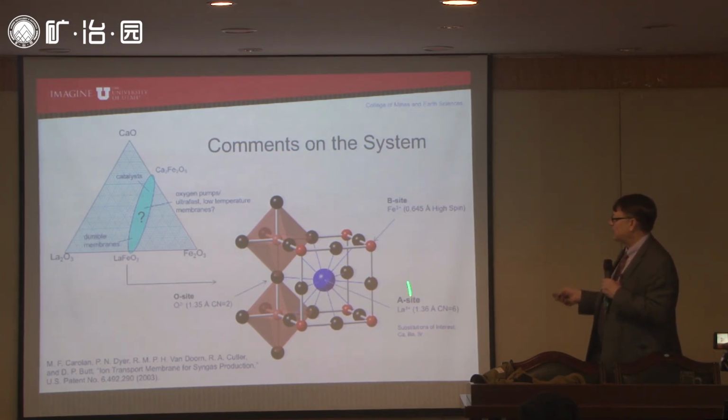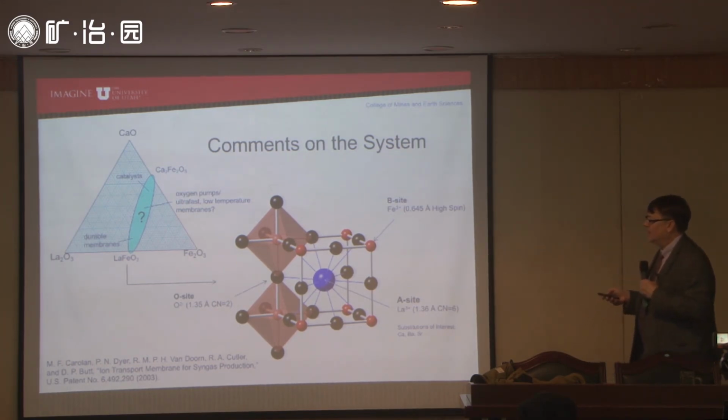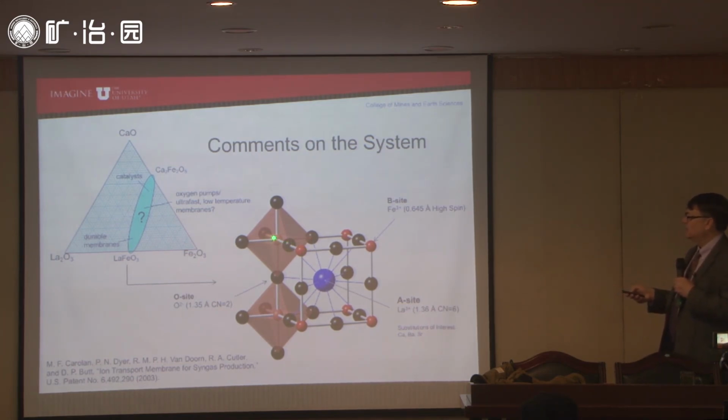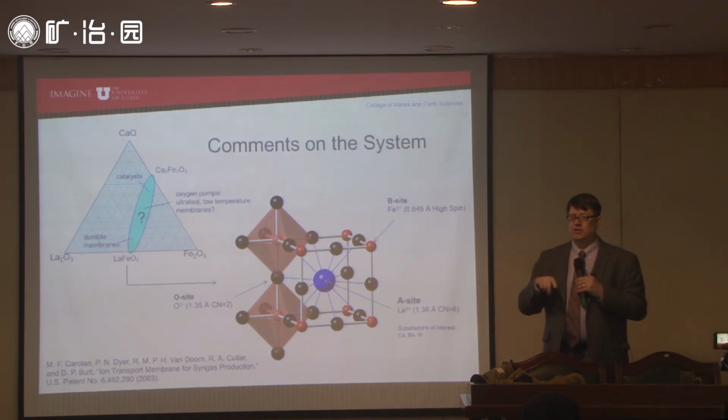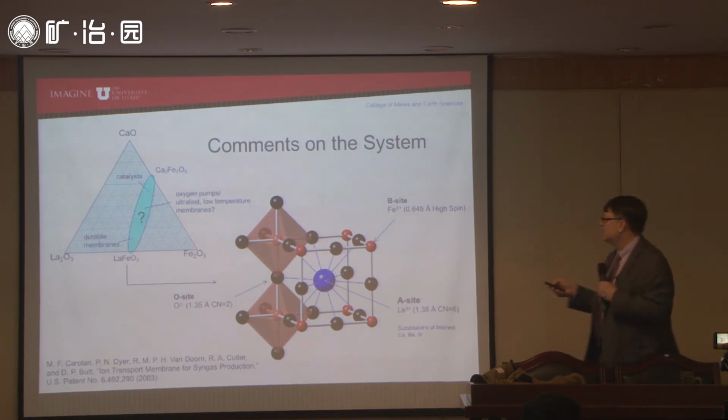So this is a perovskite structure. And if you look at a typical textbook, you'll see the unit cell for a perovskite, which is right here. And the unit cell has two cations in it. The A site cations, in our case, are going to be blue or green. Blue represents calcium, green represents lanthanum.